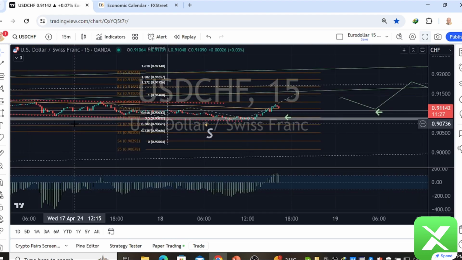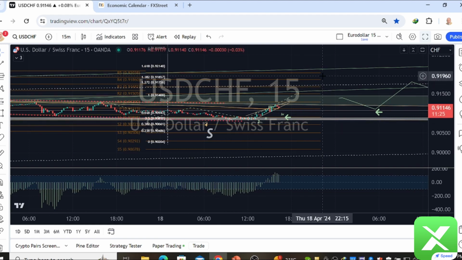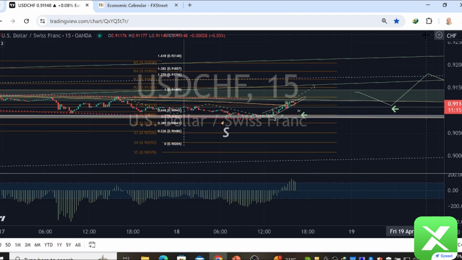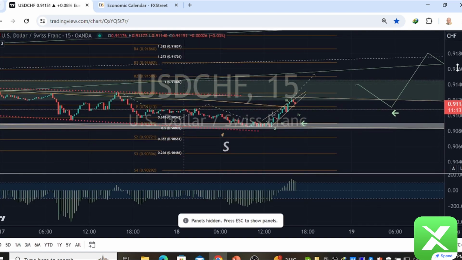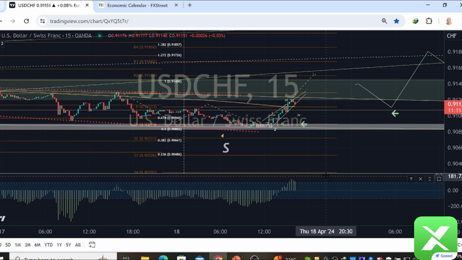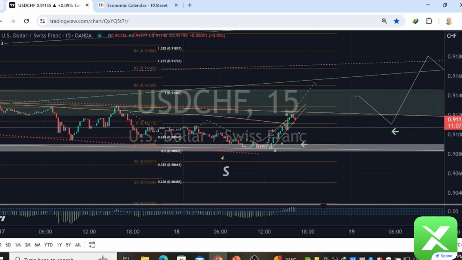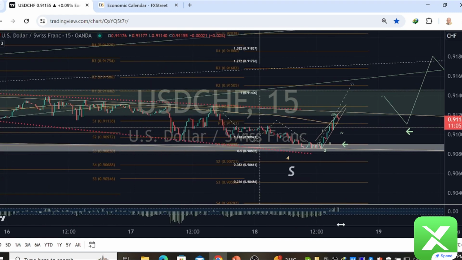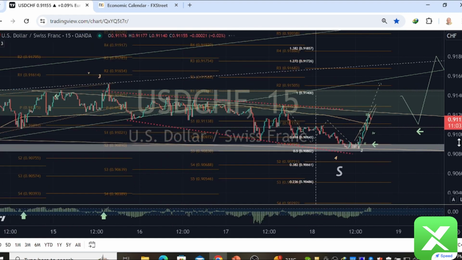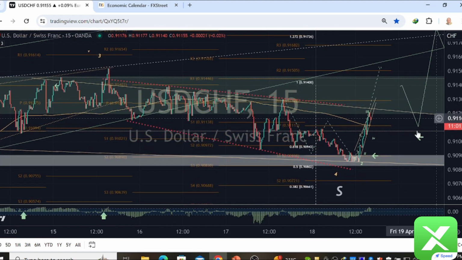All right. So we expect we already have the longs. If you wanted to join the market at this point, the best entry again is 0.9110.